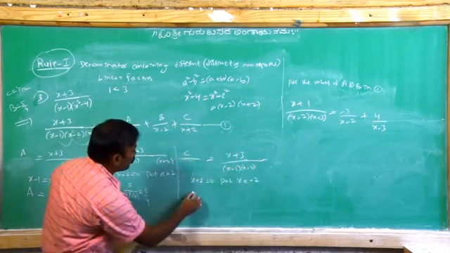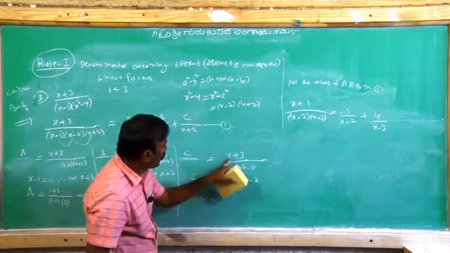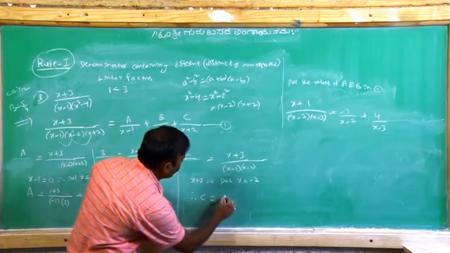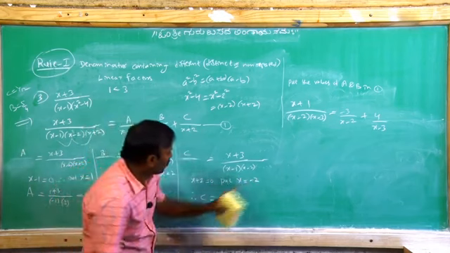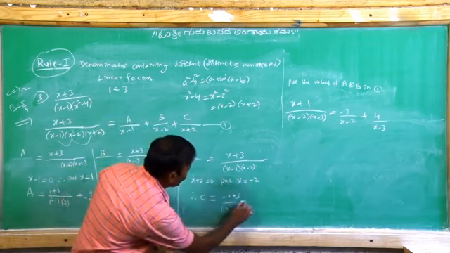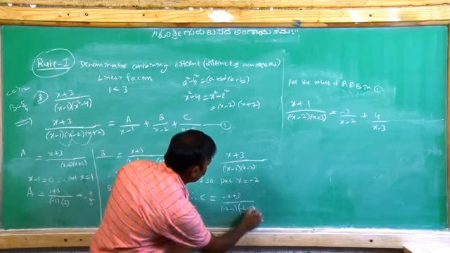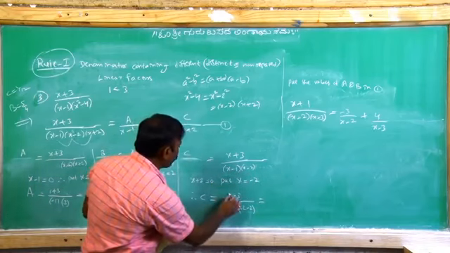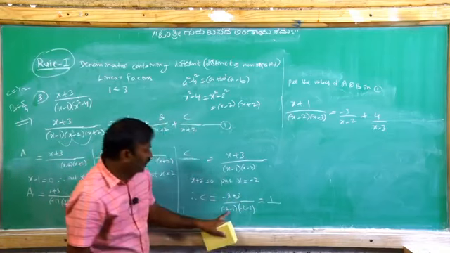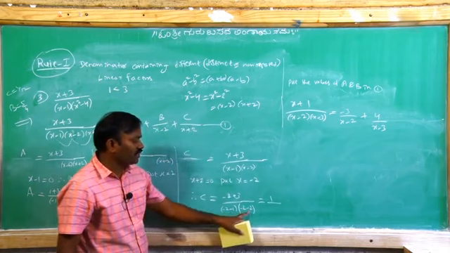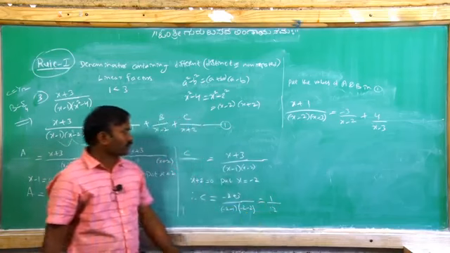Therefore C equals: x is minus 2, minus 2 plus 3 is plus 1; minus 2 minus 1 is minus 3; minus 2 minus 2 is minus 4; minus 3 into minus 4 is plus 12. So the C value is 1 by 12.